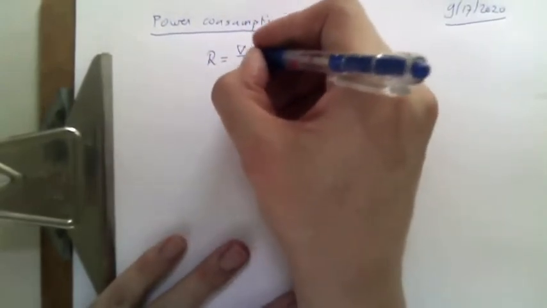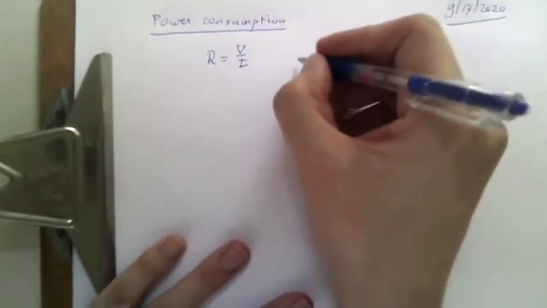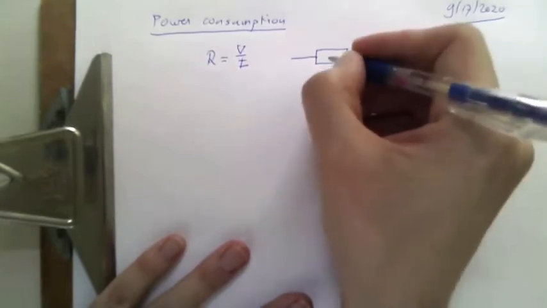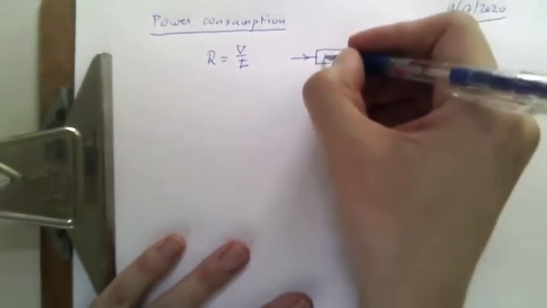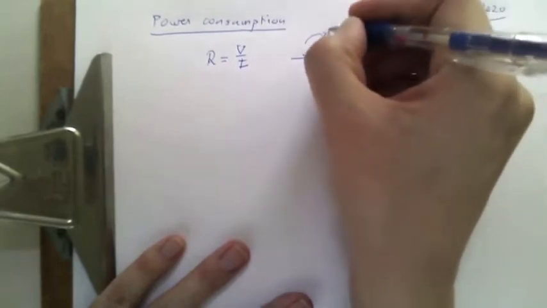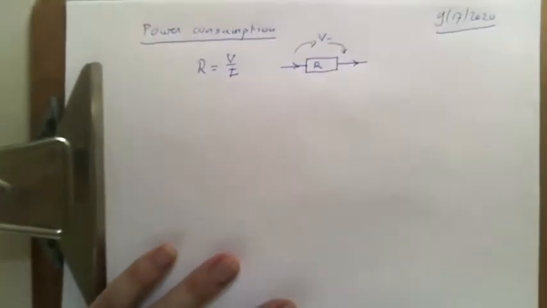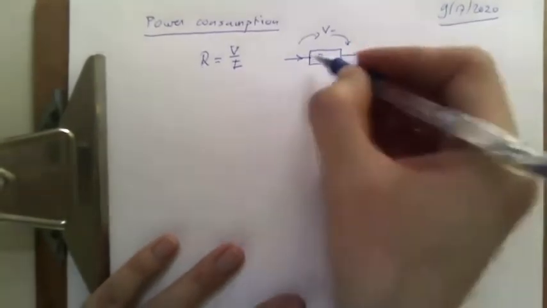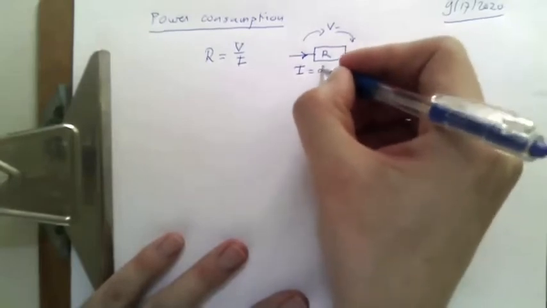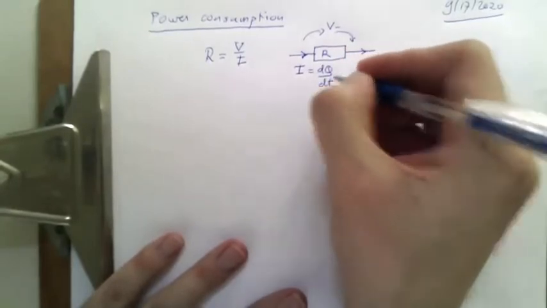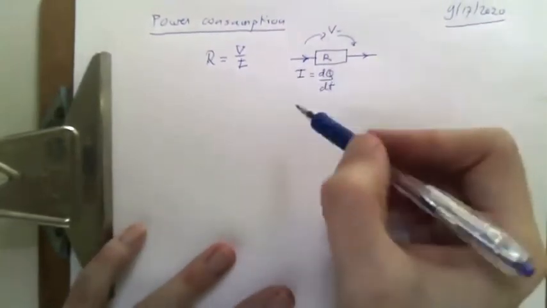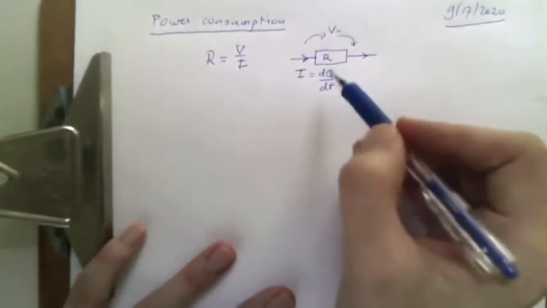R is V over I, and we have an associated circuit element that is this way, and then if the current's going this way, then voltage goes down, right? So voltage is decreasing, and that voltage decrease is given by this current, and this current is, of course, dq dt. And now the question is, how can we quantify the power that's dissipated?